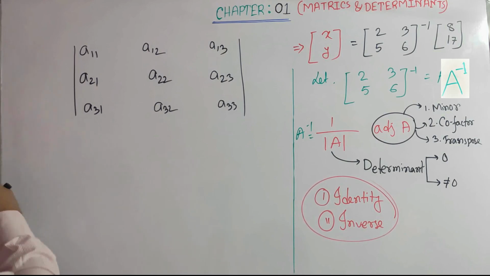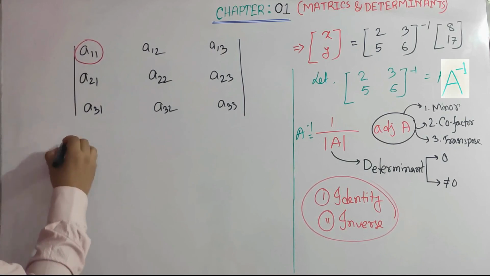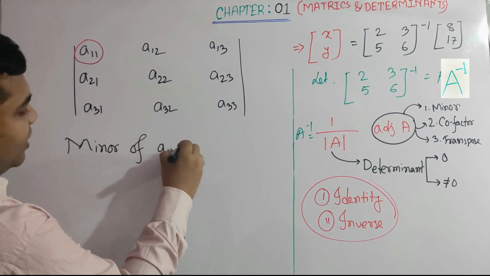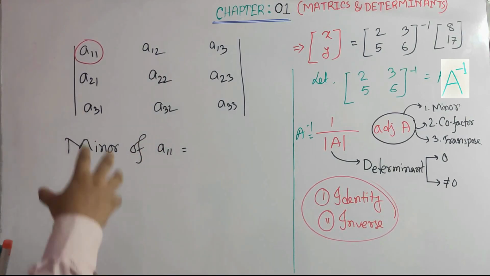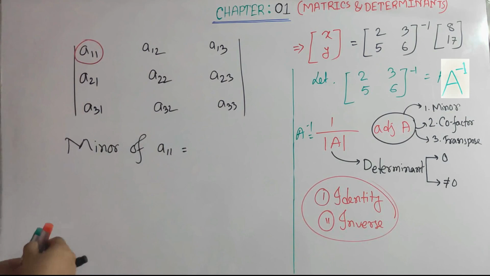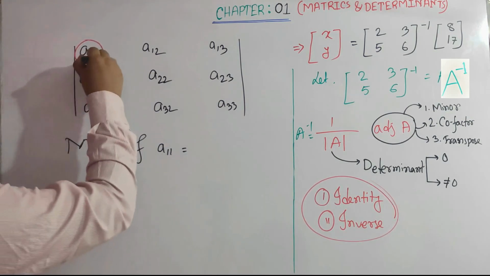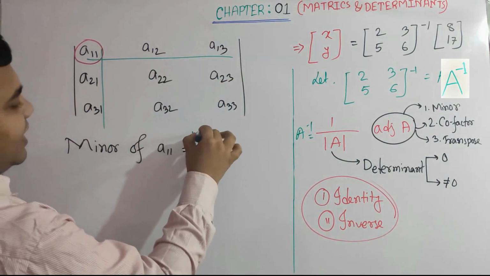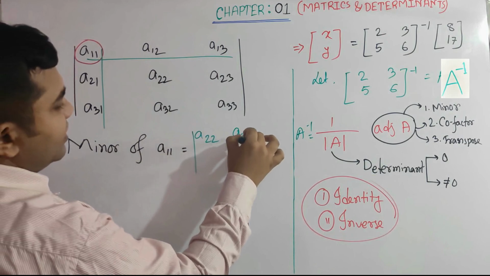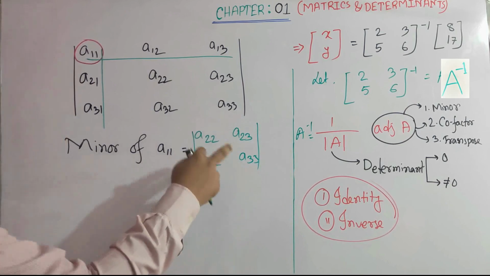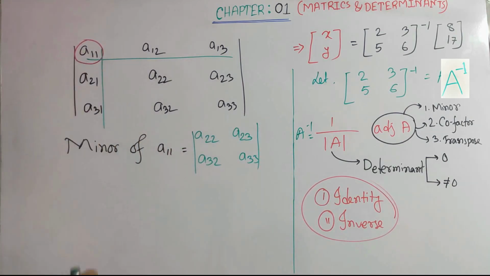If we are trying to find the minor of A11, then the minor of A11 will be what we know. We generally neglect those rows and columns which lie here. That means we have to neglect this row and this column, then we will get this part. So the minor will be A22, A23, A32, A33. If we determine this part, then we will get the minor of A11.